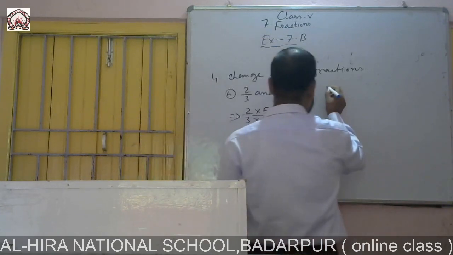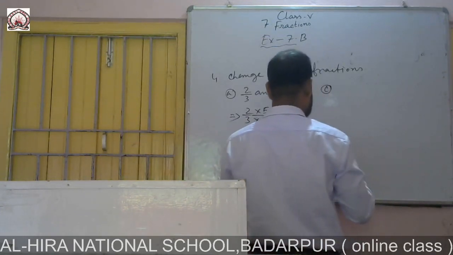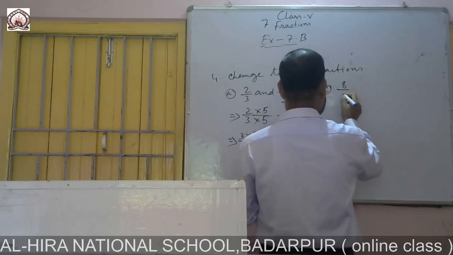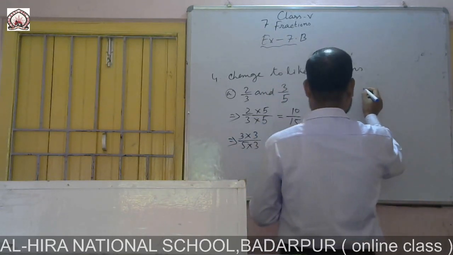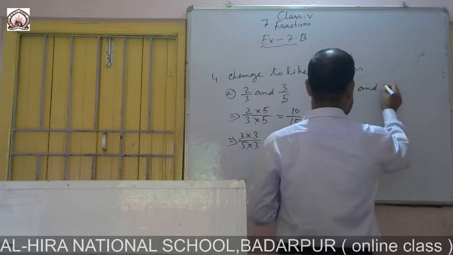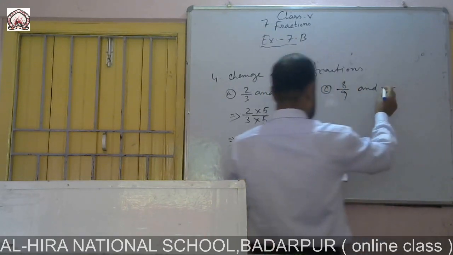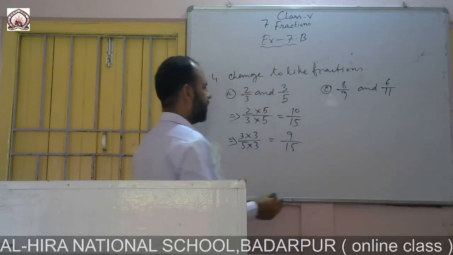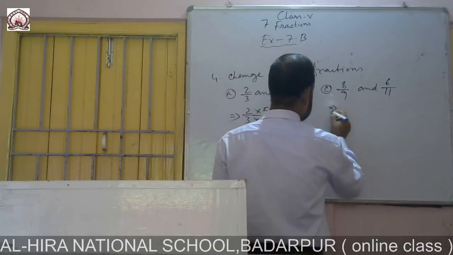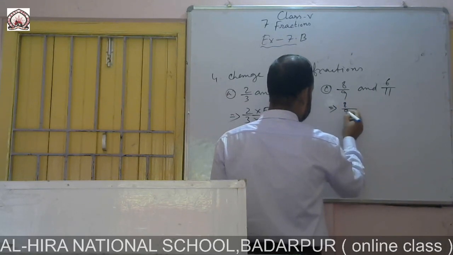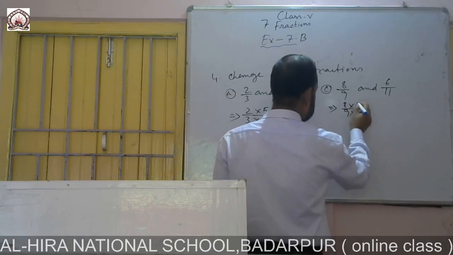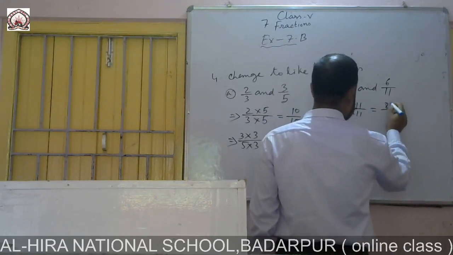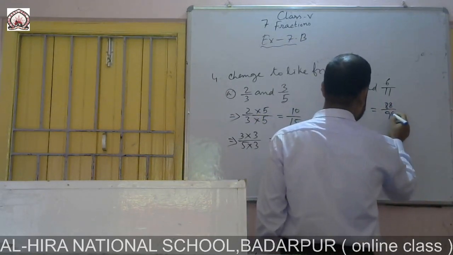Next question number C, 8 by 9 and 6 by 11. 8 by 9 and 6 by 11, like same. First fraction is 8 by 9 into 11, second fraction denominator, equal to 88 by 99.